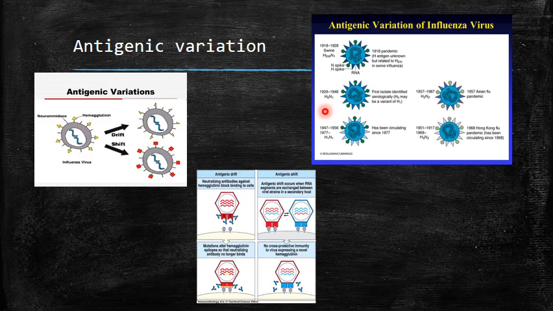The first of these is antigenic drift, which is caused by a point mutation in the genes encoding hemagglutinin and the second surface protein, neuraminidase. The progressive mutation changes the structure of the hemagglutinin and neuraminidase spikes. It is a slow and steady change.